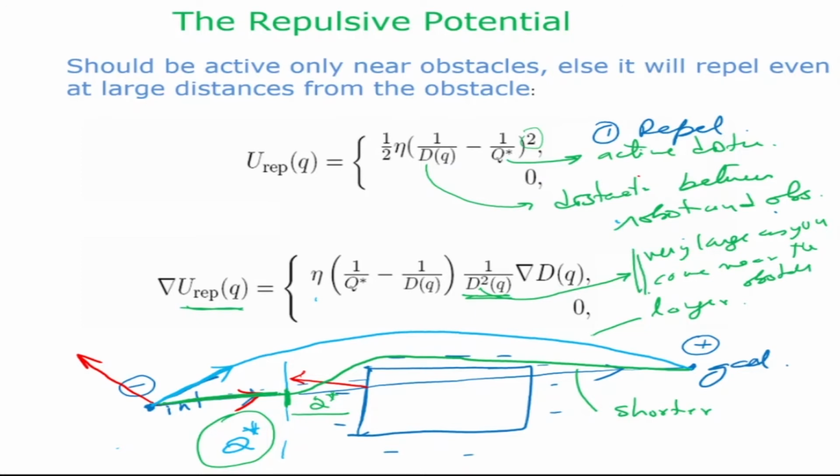Okay, so as you are coming nearer and nearer to the obstacle, this d squared, the repulsive force is increasing very quickly. Okay, so this is the repulsive potential that we are using. Again, zeta is a constant, so the constant would mean that you have to assign the value of the constant.